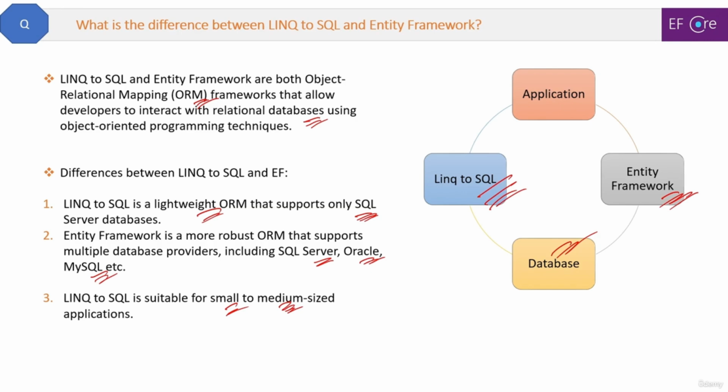Whereas Entity Framework is suitable for large and complex applications, because small queries are fine with LINQ to SQL, but in large applications you have to write big queries, right? More conditions, more joins. So for that, Entity Framework is better. Finally, now you know the differences and you know which one you have to use in which scenarios, right?